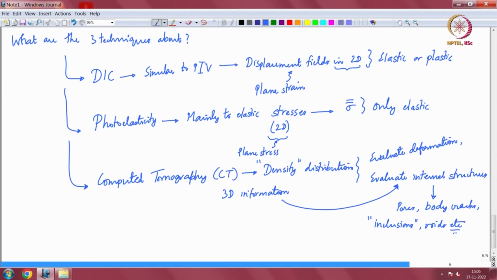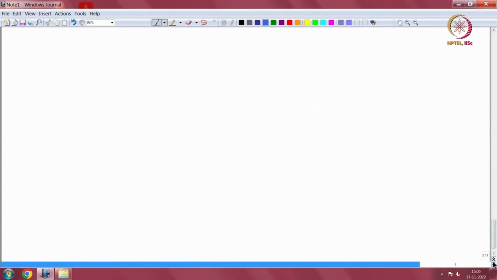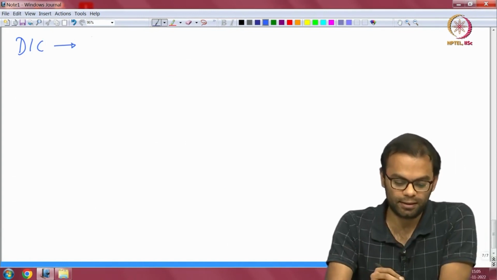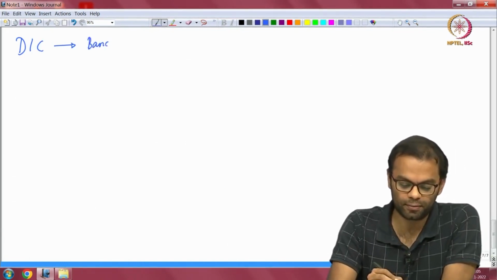So some of these will be clearer as we introduce this idea of doing inversion in tomography, but I will leave them within quotes like this right now. So our outline is the following. So for DIC we are going to look at the basic formulation.